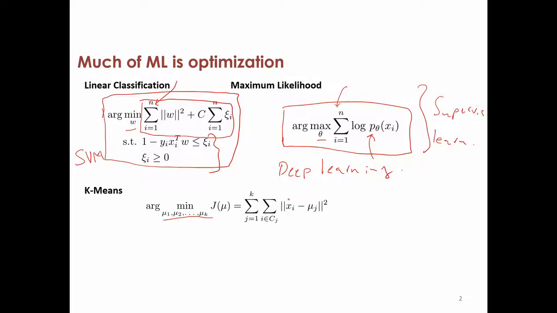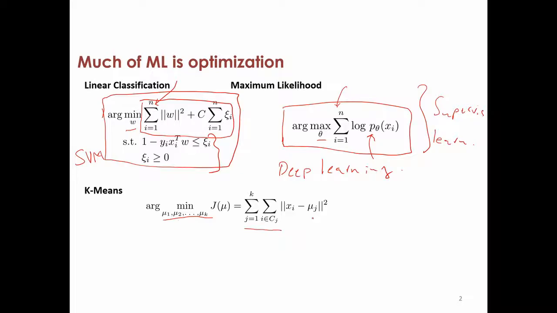Here also the problem is that of minimizing with respect to these parameters, which are the centers of clusters, this particular objective function. Again you see this sum is over all data points: the inner sum is over all data points of cluster i, and the outer sum is over all clusters.